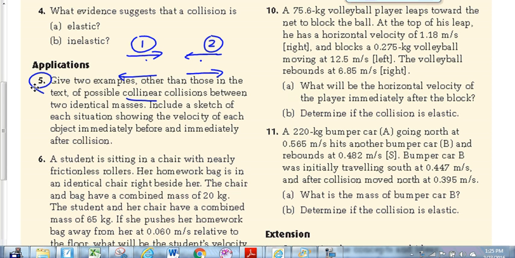We're talking about, I think it says identical masses, yeah. So we're talking about object number 1 and object number 2 still having the same mass, but now maybe a different velocity. Object number 1 is moving towards object number 2 like this. Object number 2 is moving towards object number 1 like this. What's going to happen to these?